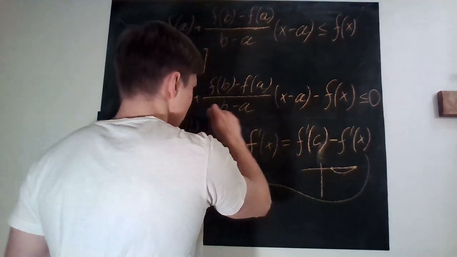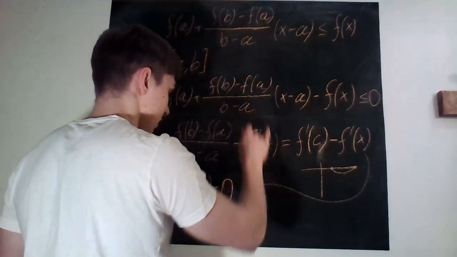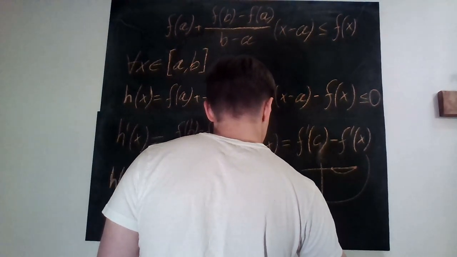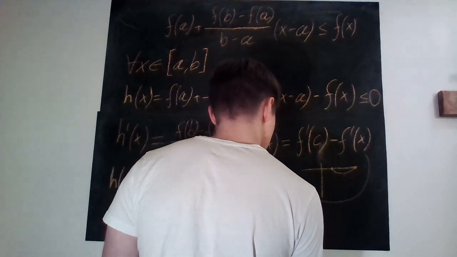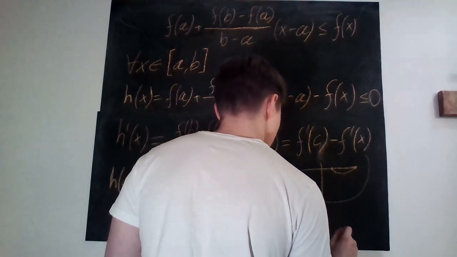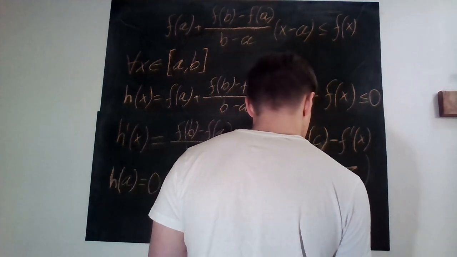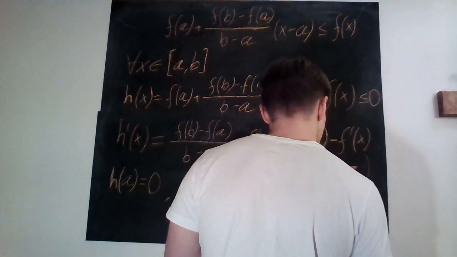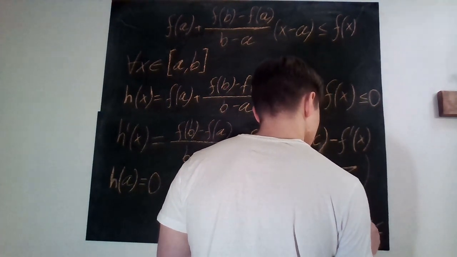So we have this minus that is a positive distance. So this thing here is greater than 0 if x is greater than c. And the opposite also holds: it's less than 0 if x is less than c.